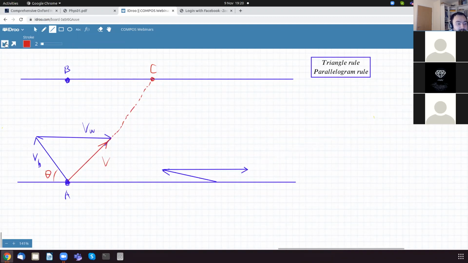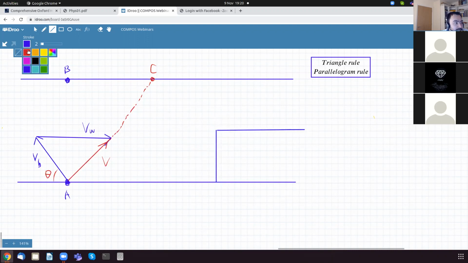If you make the angle bigger, let's say if you point the boat in this direction, and the stream will cause you to drift sideways, you will end up also quite far.